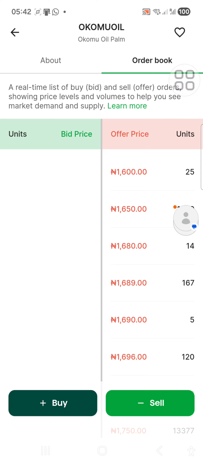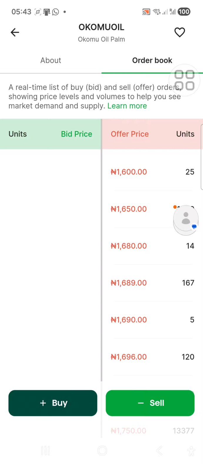If you look at the offer price, there is somebody who wants to sell at 1,600. Other people want to sell at 1,650, 1,680. But remember, Okomu is 1,750. So if you bid 1,600 naira, Okomu will be sold to you instantly.